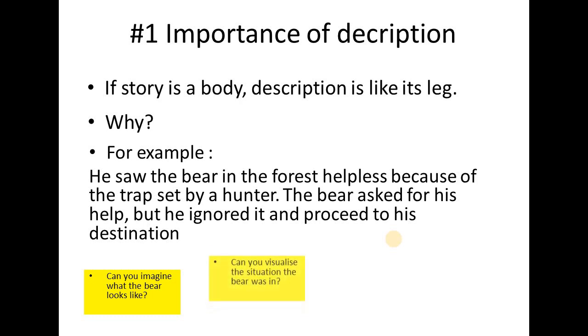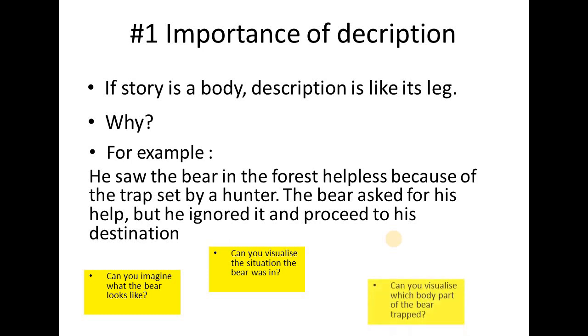Second question: can you visualize the situation the bear was in? Maybe you do, but would your version be the same as the author's version? Maybe yes, maybe no. It's wide open. And can you visualize which body part of the bear was trapped? Maybe you can, but is it the right leg, for example?